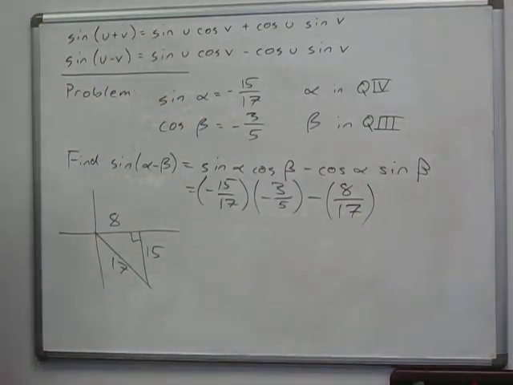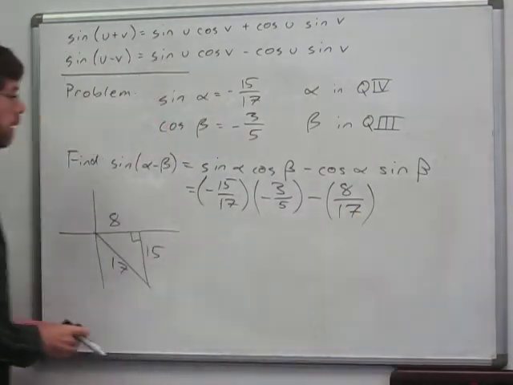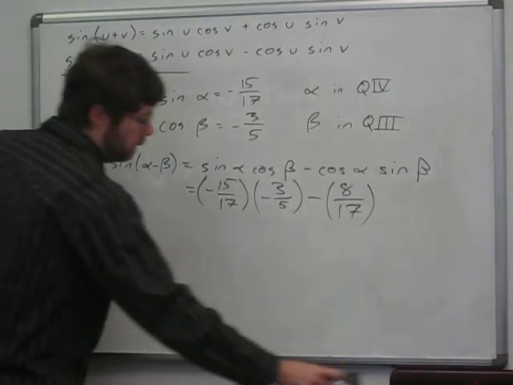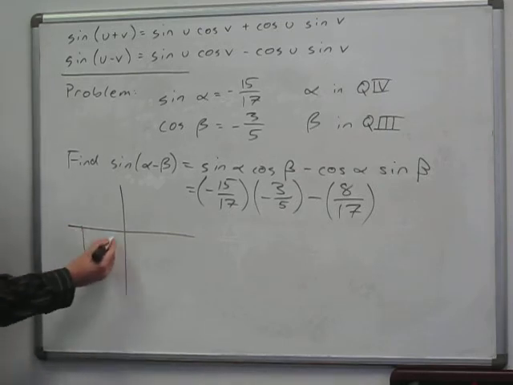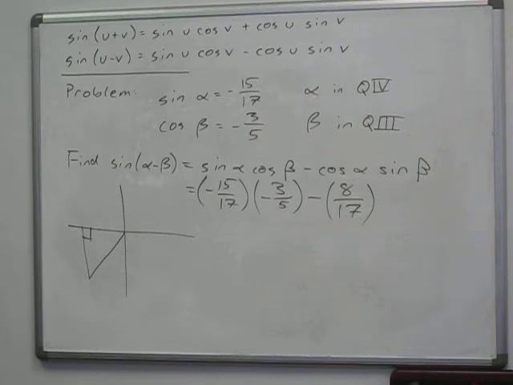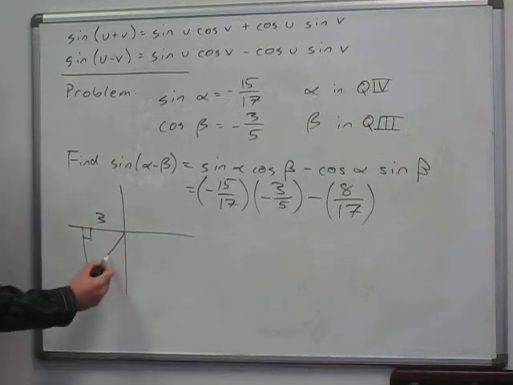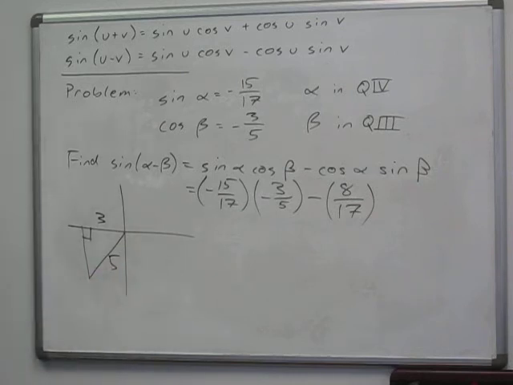What about the sine of beta? Well, beta lies in quadrant 3. So I'll put a reference triangle in that quadrant. Cosine is a negative 3/5, so I'll make the adjacent leg 3, hypotenuse 5. Right?